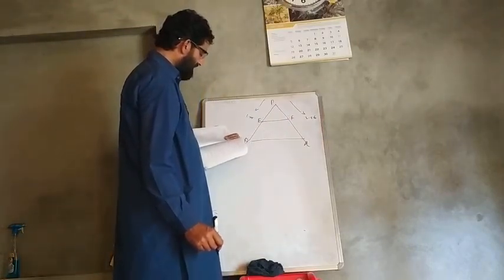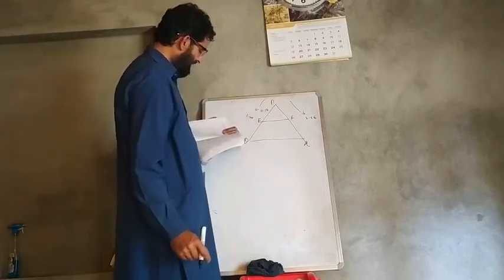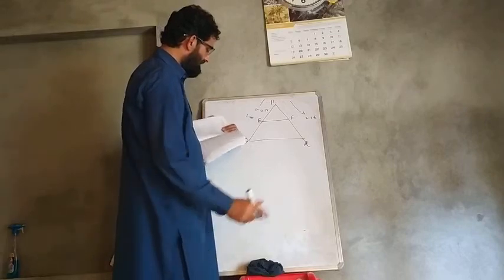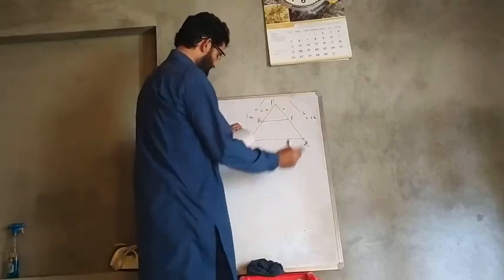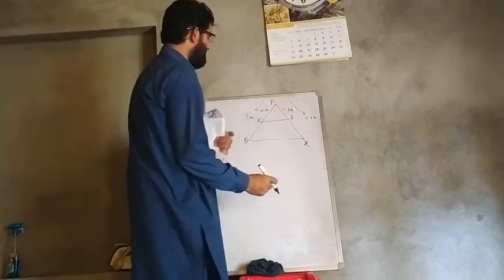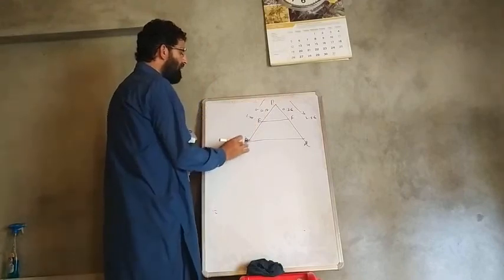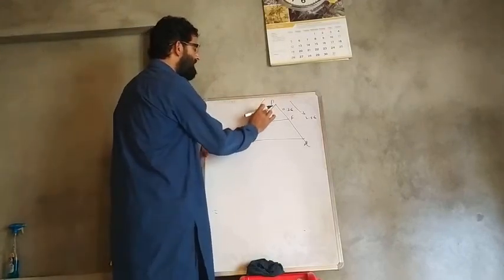So what is PE? PE is 0.18, and FR is 0.36. Now we can easily calculate EQ. Whole PQ is 1.28 and PE is 0.18.